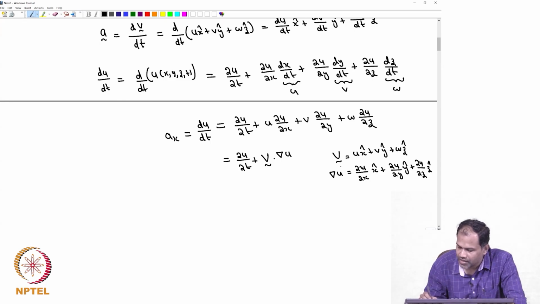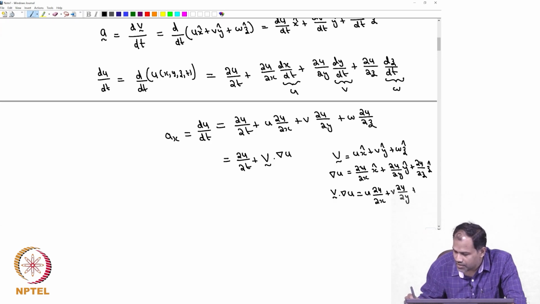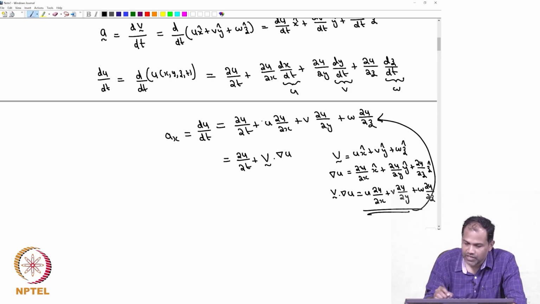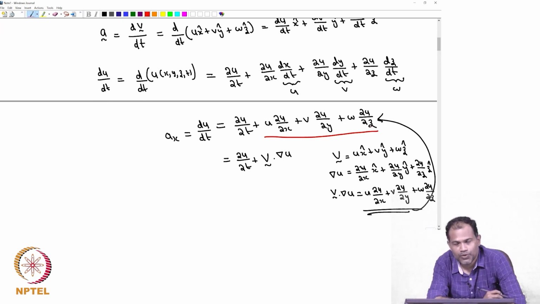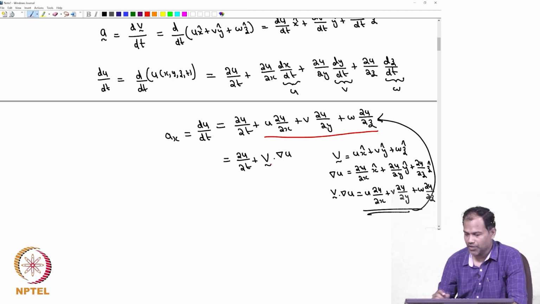And what I am doing is taking a dot product between this velocity vector and the gradient vector. So, if I do v dot grad u, that is going to be a1 b1 plus a2 b2 plus a3 b3. So, that is u dou u by dou x plus v dou u by dou y plus w dou u by dou z, and that is precisely what we had here, and that is why I replaced u dou u by dou x plus v dou u by dou y plus w dou u by dou z with v dot grad u.